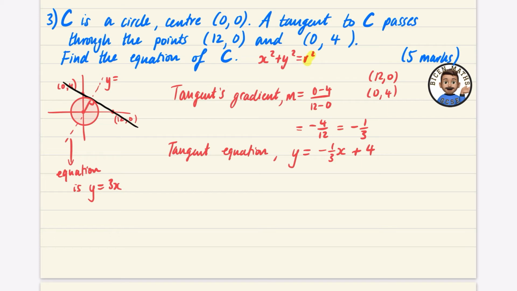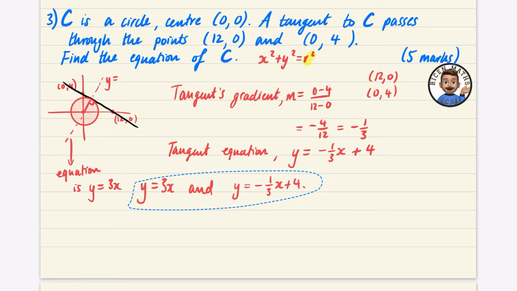So we're going to simultaneously solve y equals 3x and y equals minus 1/3 x plus 4. It gives me a bit more space, because I didn't have enough space last time. When I solve these simultaneously, I can just replace the y in the second equation with 3x. I'm going to add the third to the other side, so 3 plus 1/3.